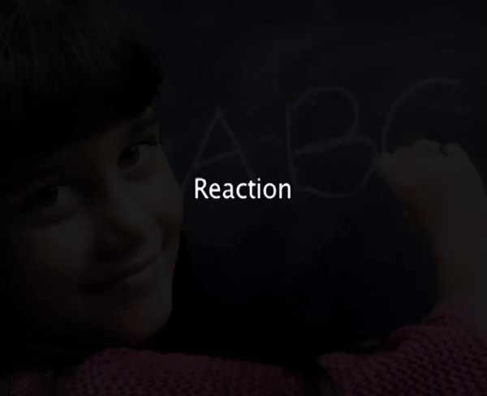And finally, a character can be developed through their reaction, that is, how the characters think and feel in different situations. To sum up, a character's way of talking, the way they express their emotions, their fears, their beliefs, etc., all these help us in describing and developing a character completely.